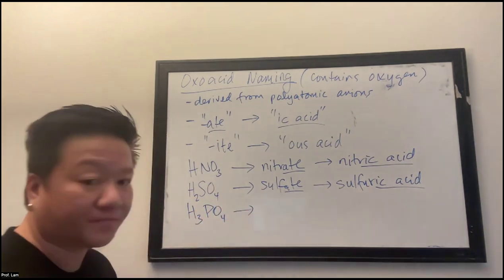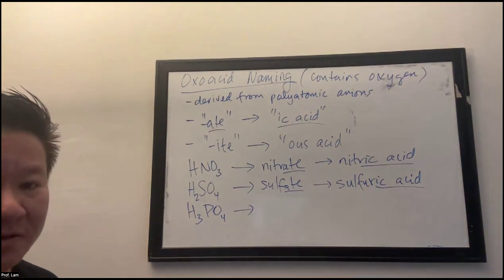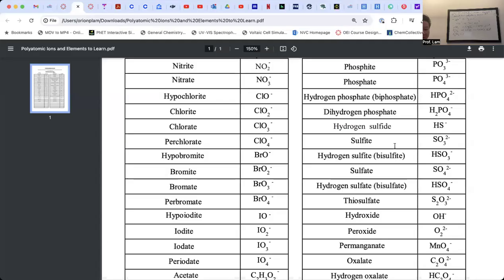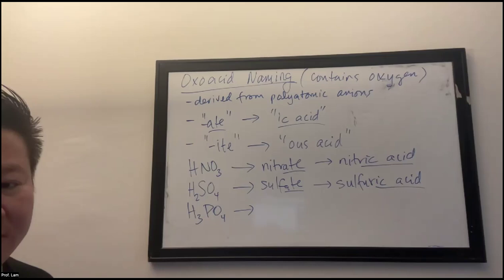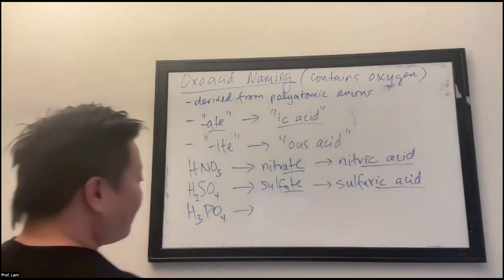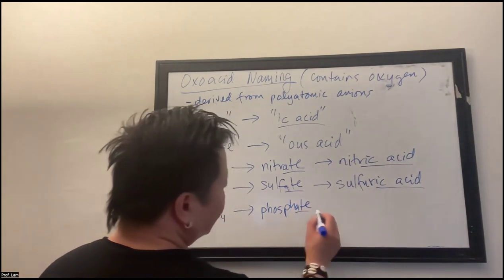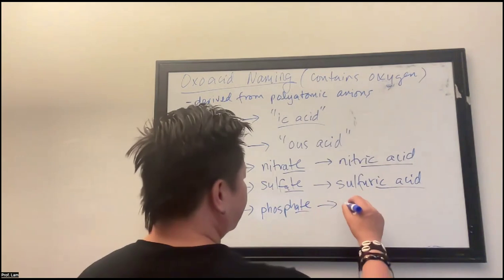Let's do another one. H3PO4. PO4, you can see here, is 3 negative, and it's phosphate. So you want to identify the polyatomic it comes from first, and then change your ate to ic acid.